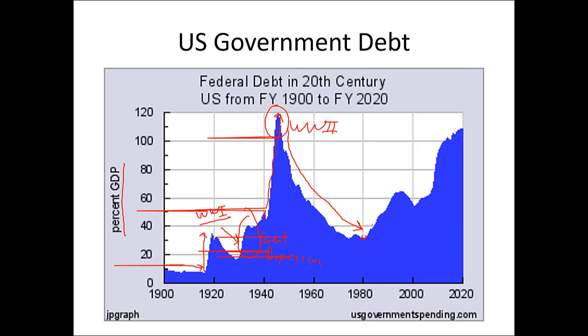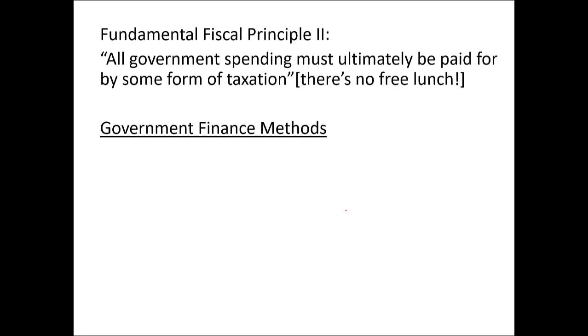It bottoms out about 1980. Deficits start growing again faster than the economy in the 80s. Here's Bill Clinton pushing that, running government surplus, pushing this down a little bit, right? And then we turned, and we're now growing, and we're approaching World War II levels of debt to GDP ratio.